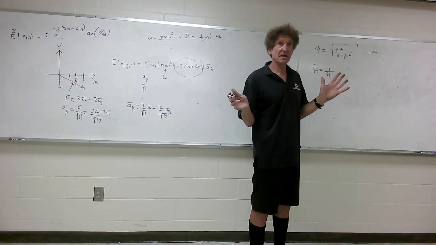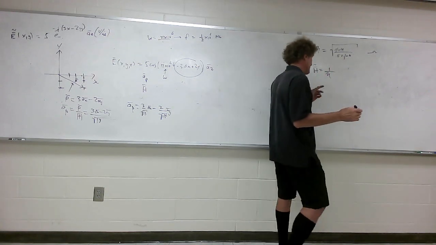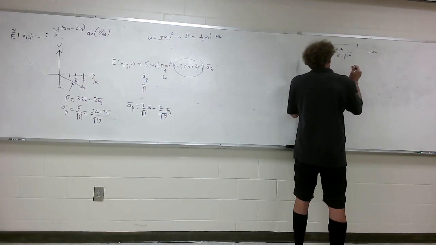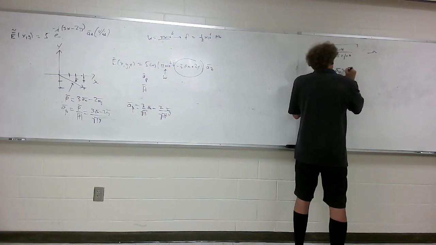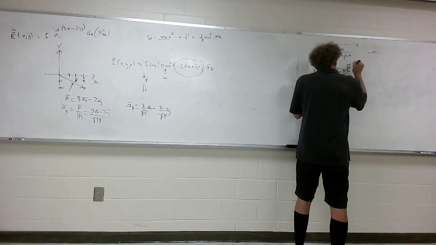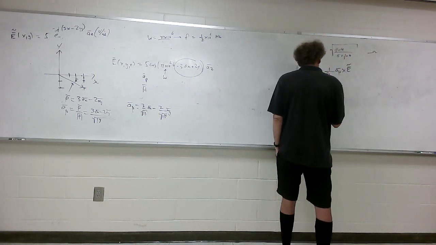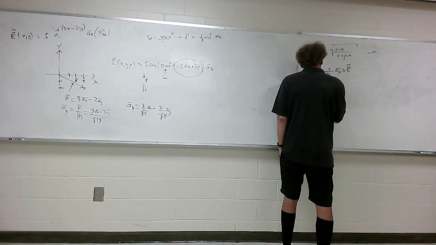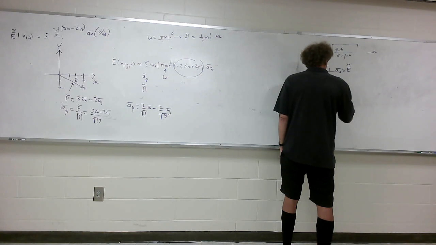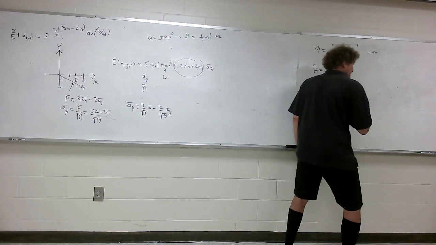Doesn't have to be just real, but it is a non-vector term, it's a scalar. Then it's times a unit vector in the direction of propagation crossed in the E field. With me? Also, the E field, if you have the H field, is going to be equal to minus eta, unit vector in the direction of propagation crossed into the H field of phasor domain.